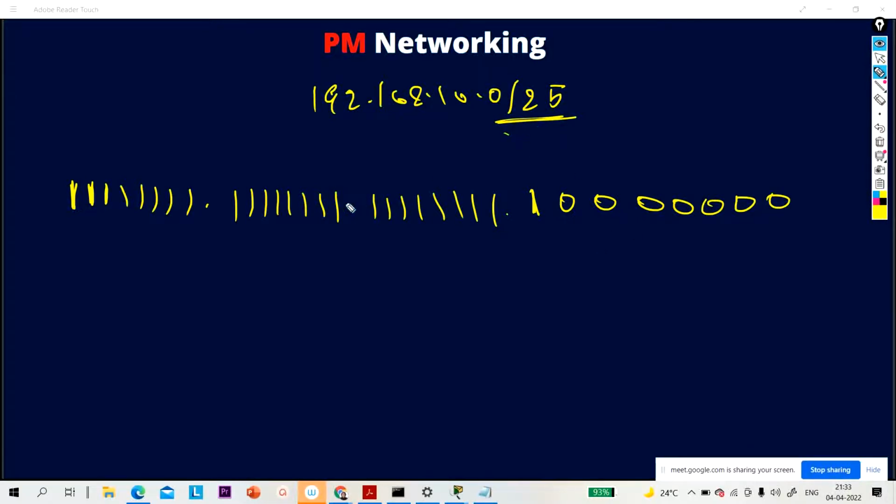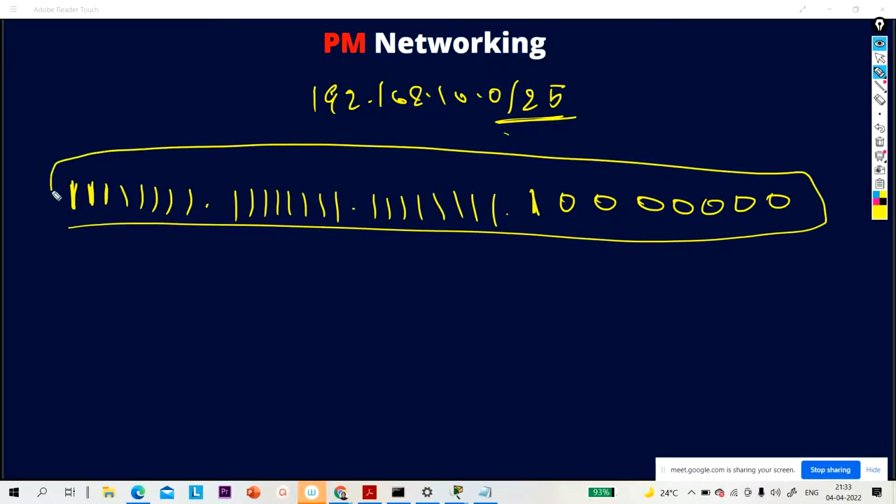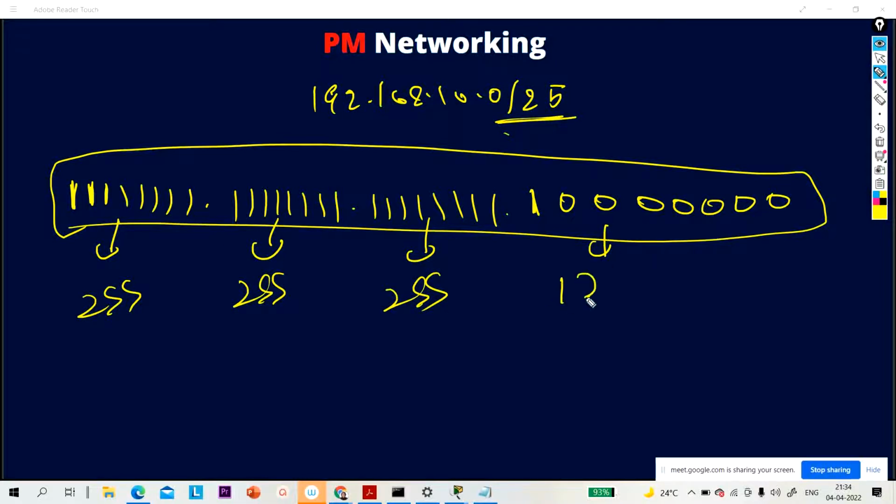This is /25. What is the subnet mask? Subnet mask of the first octet will be 255, the second 255, the third 255, and the fourth octet will be 128.